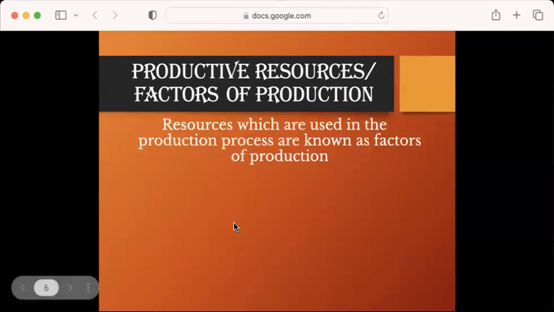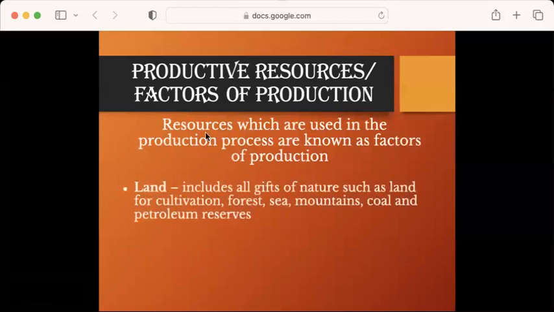So what are these four? As I said, I have given an introduction of what resources or factors of production are. One of the most basic factors of production is land. By land we mean the gifts of nature, like physical land for cultivation, or forest, or even sea, mountains, different sources of water, coal, petroleum reserves, and gem mines.